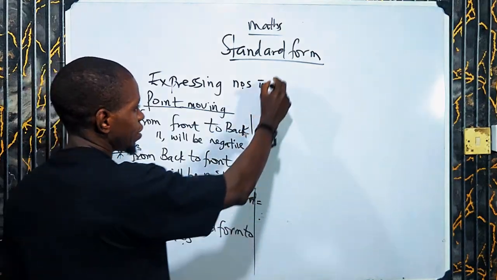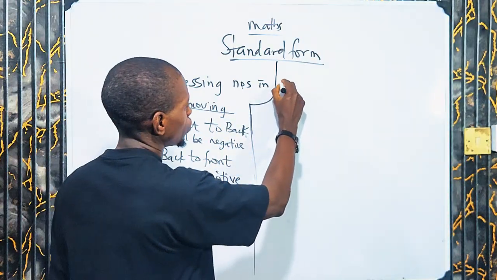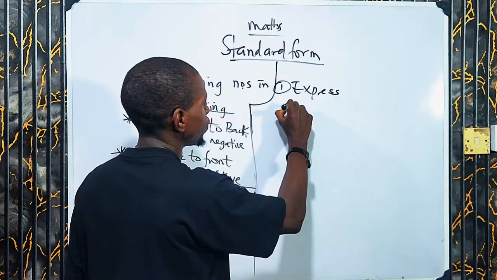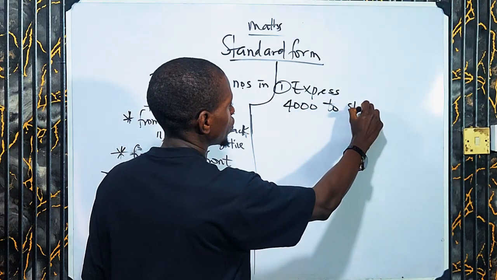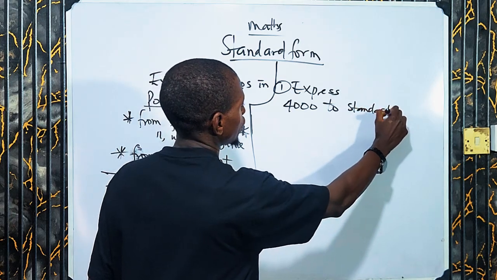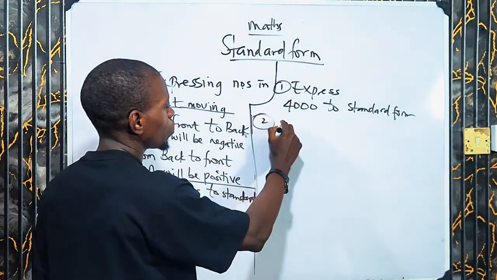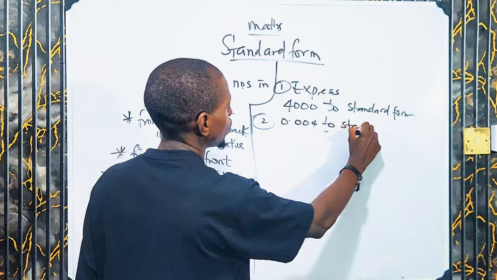Okay, let's say we have a number like this now. Let's say we have question one: express 4,000 to standard form. And the second question says express 0.004 to standard form.